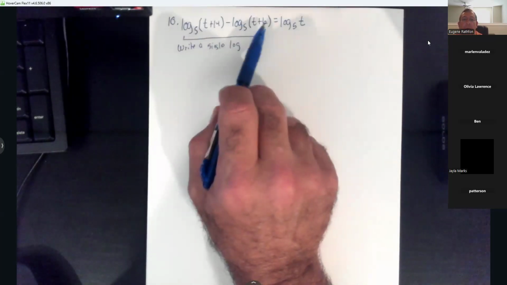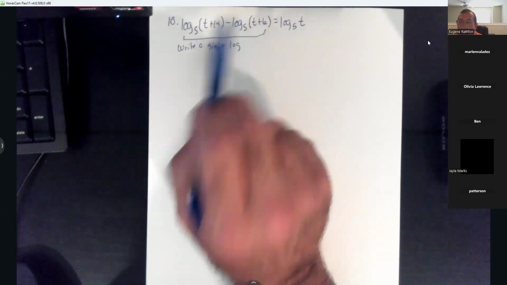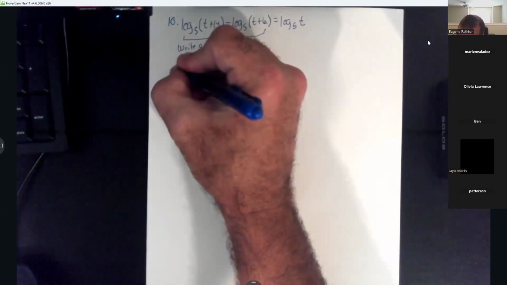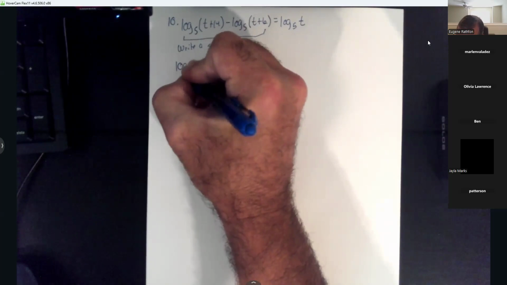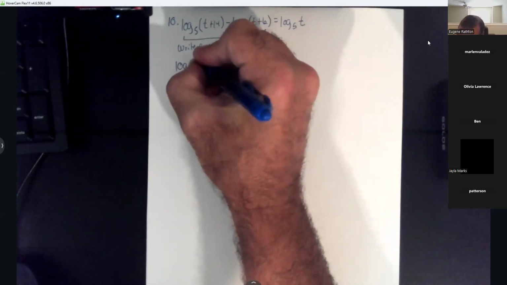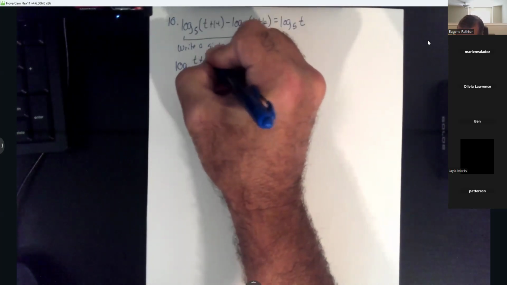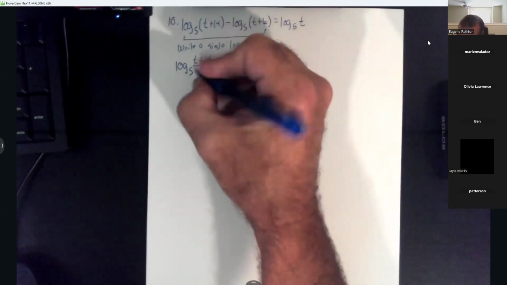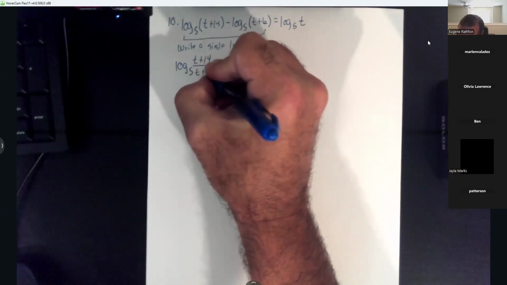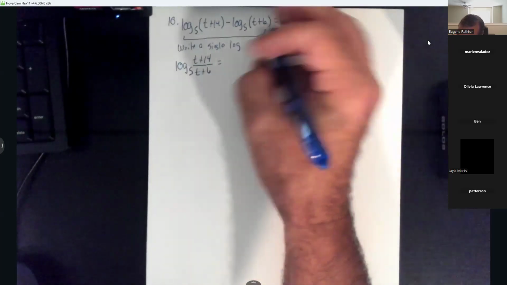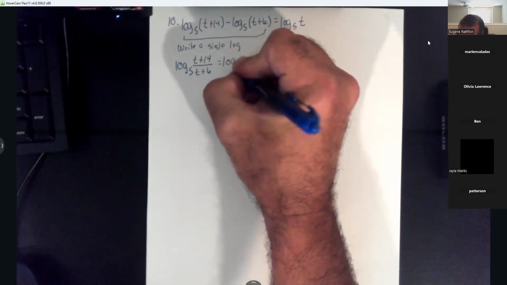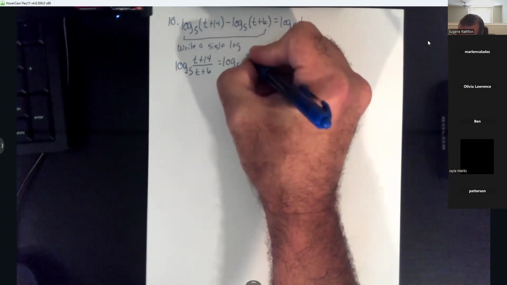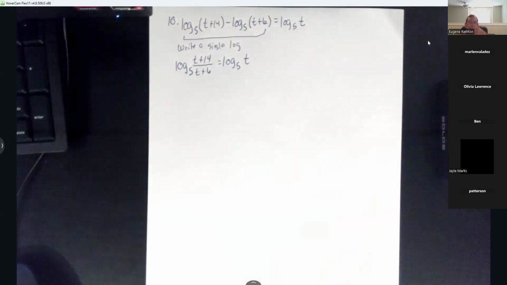Positive factor on top, the factor being subtracted on bottom. So bring out your log 5. We'll have t plus 14 on top over t plus 6. That's going to equal the right side, which is log base 5 of t.